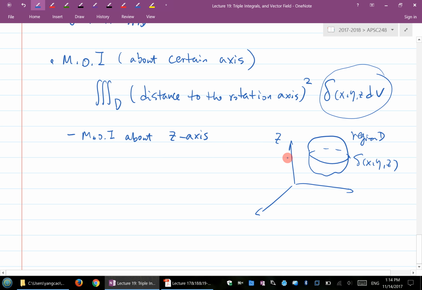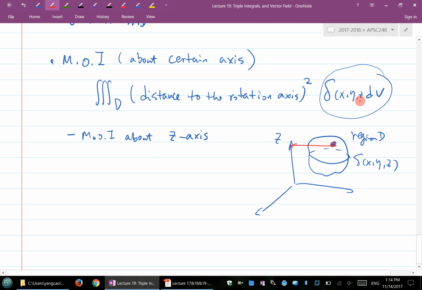So technically speaking, you can literally pick a small point mass anywhere inside this region D, and then find the distance from the small mass to the z-axis. Then take the square of that, multiply by the density, and do the triple integral.